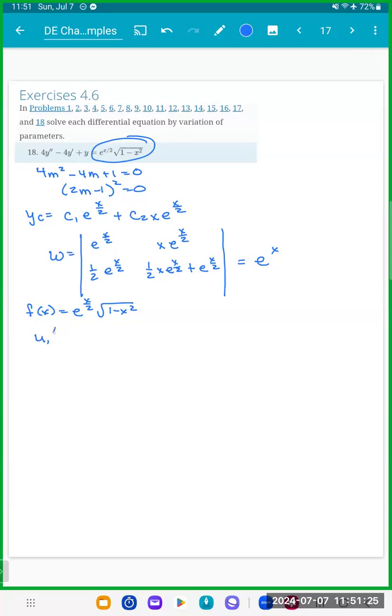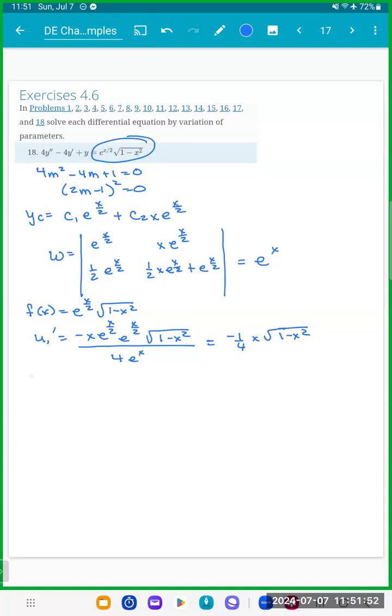So our u1 prime is going to be negative x e to the x over 2 times e to the x over 2 times the square root of 1 minus x squared, all of that divided by 4 e to the x. That simplifies to negative 1/4 x square root of 1 minus x squared.